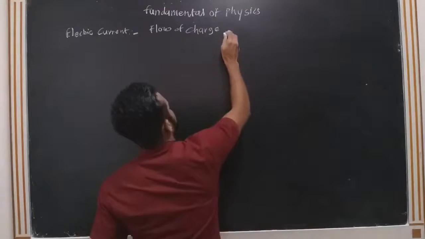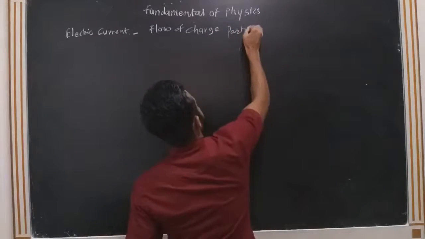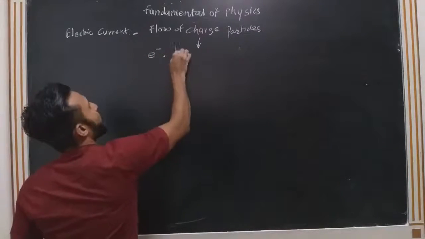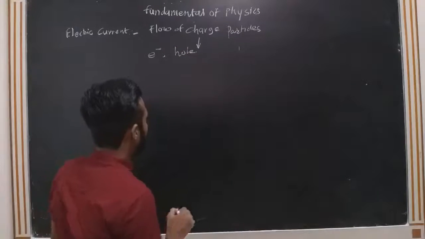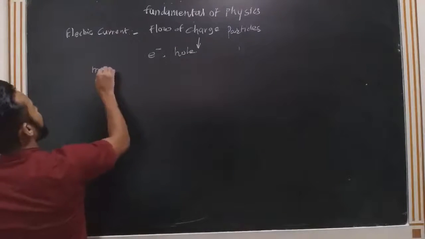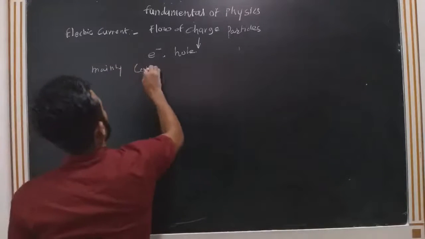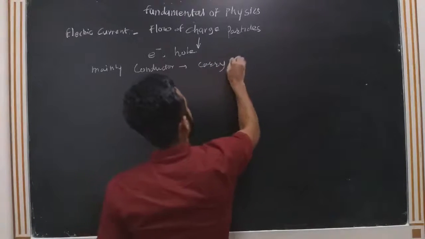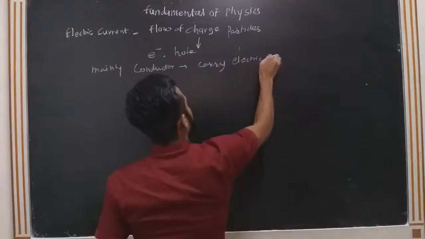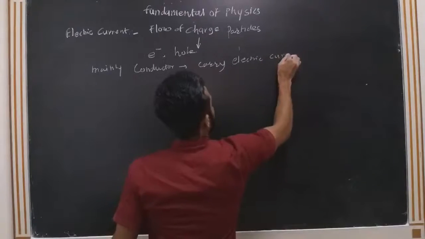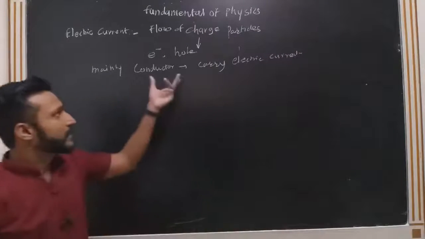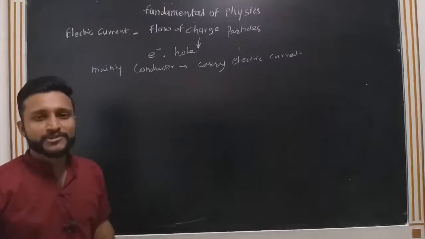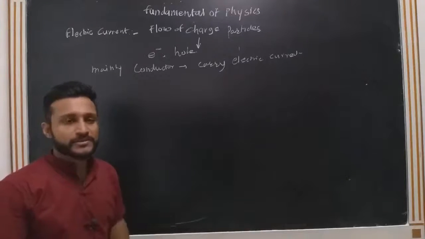The charged particles are either electrons or holes. Mainly conductors carry the electric current, right? Why? Because conductors have many free electrons while insulators do not have free electrons.